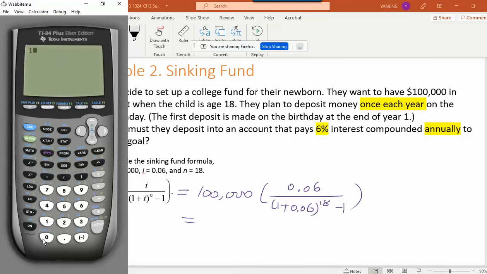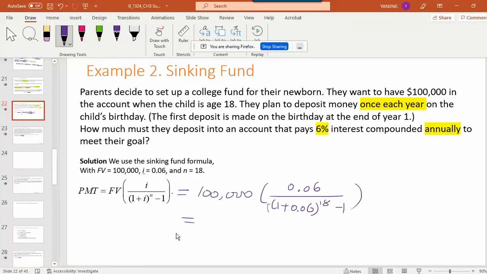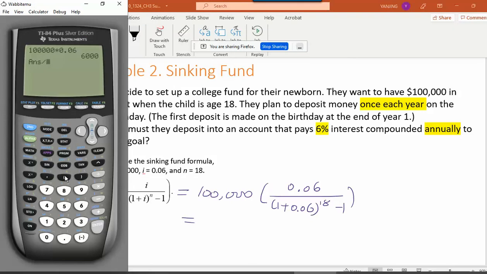Okay, so we have 100,000 times 0.06. I can multiply this first, and then I'm gonna have to divide by the denominator. Remember, when you divide by the denominator, this entire denominator needs another parenthesis. So the parenthesis is so important in here.